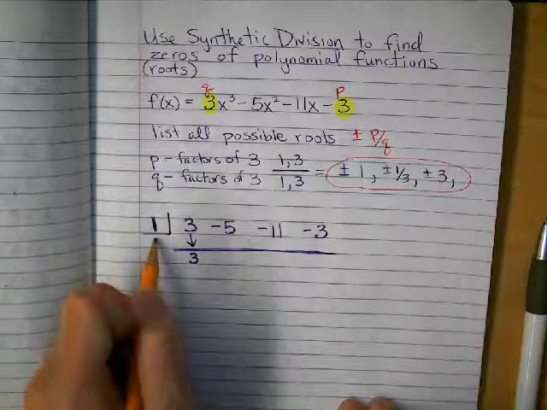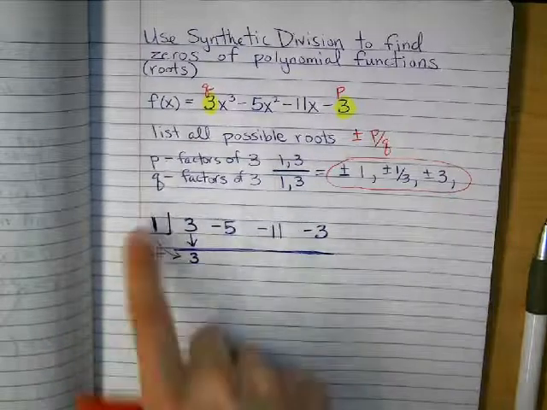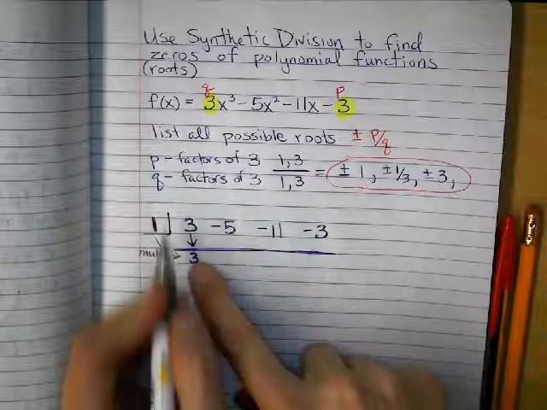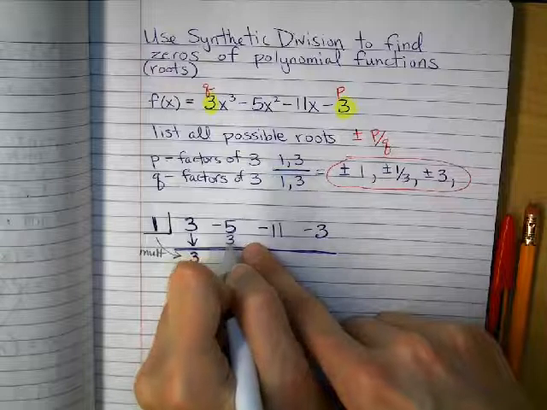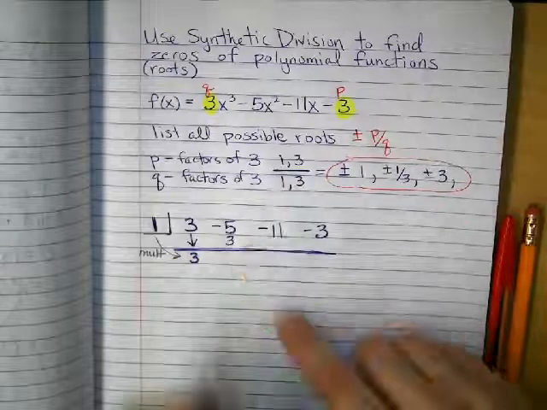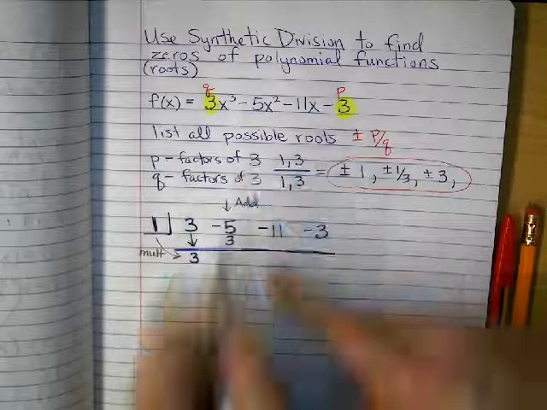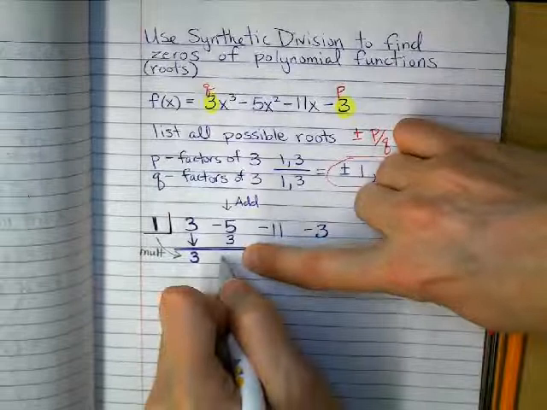I'll draw an arrow. So what's 1 times 3? It's 3, right? So you put that under the next number. And then you add these columns as you go. So now add that up. That's -2.